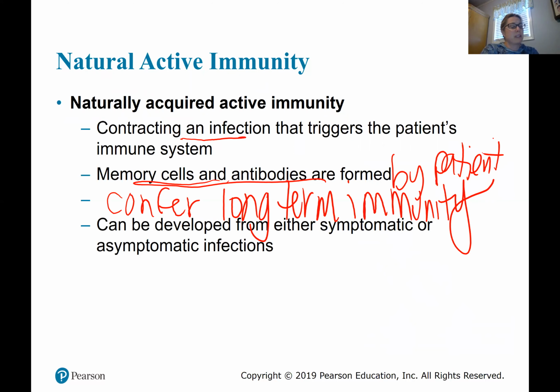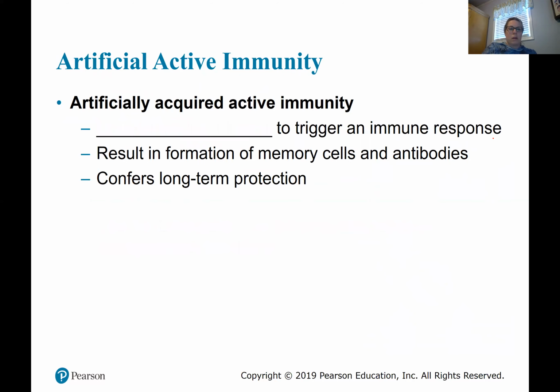Maybe just a few months, or it could be years and years, or a lifetime. Just depends on the situation. Artificially acquired active, this would be the vaccine. Because it's active, it's going to give long-term immunity.